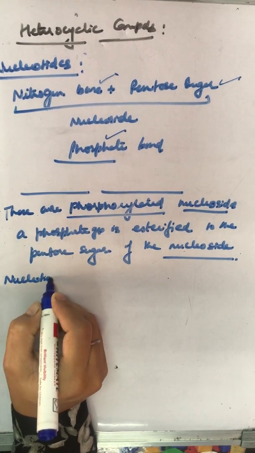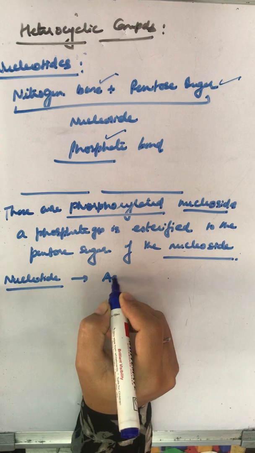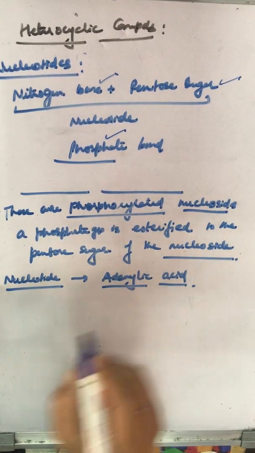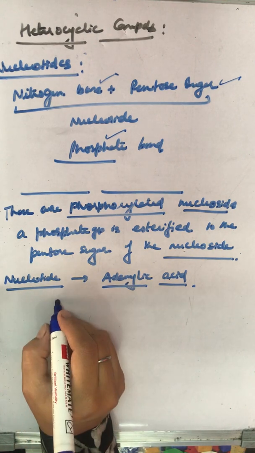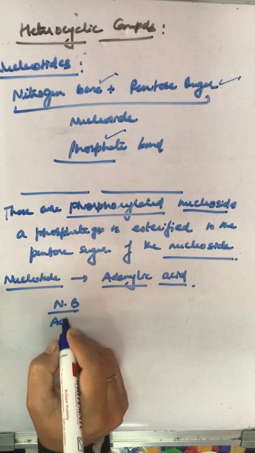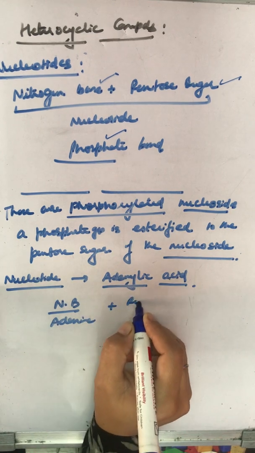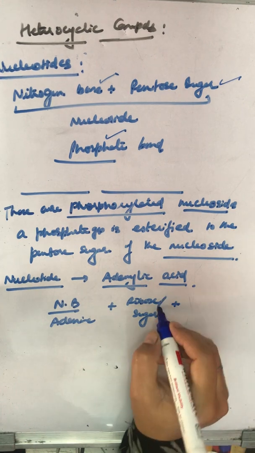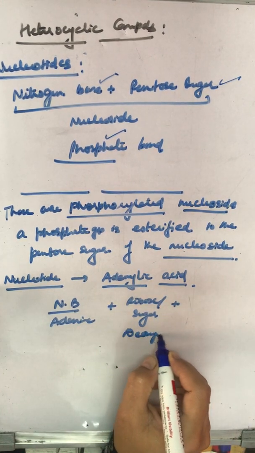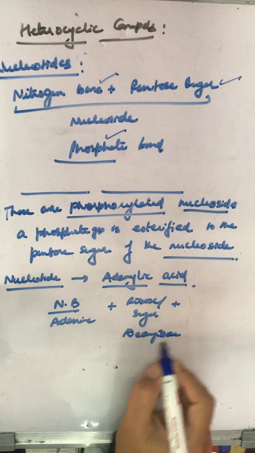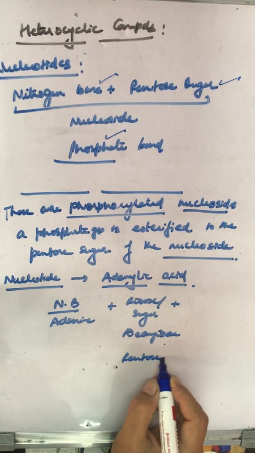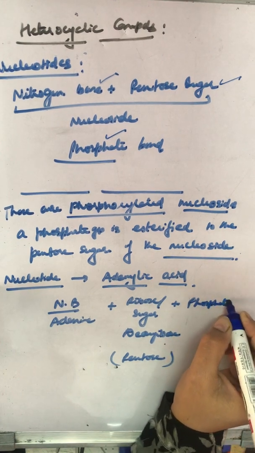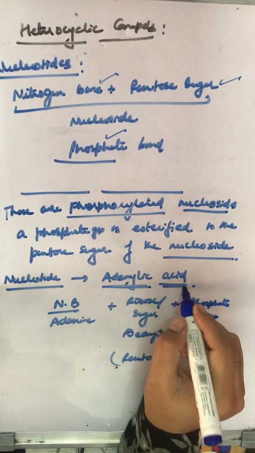This nucleotide will be termed adenylic acid. Why? Because it has the nitrogenous base adenine, it has ribose or deoxyribose sugar, we better write pentose sugar, and it has a phosphate group. So we call it adenylic acid.